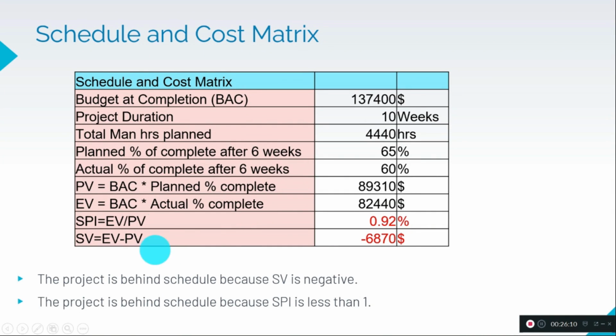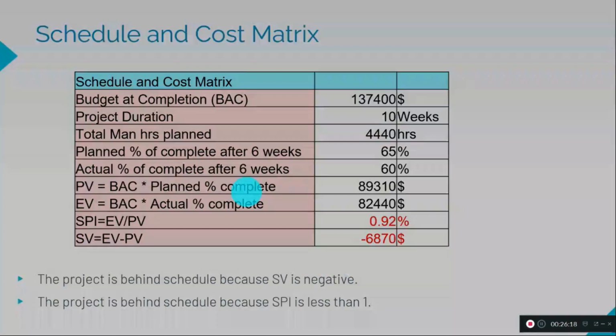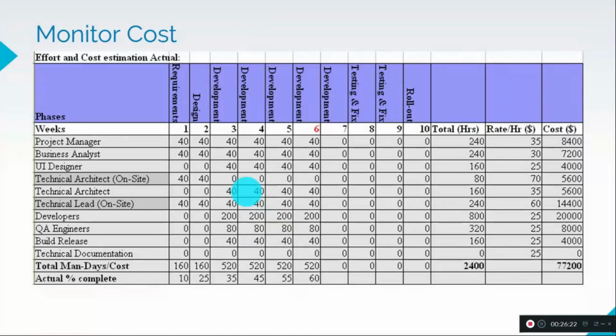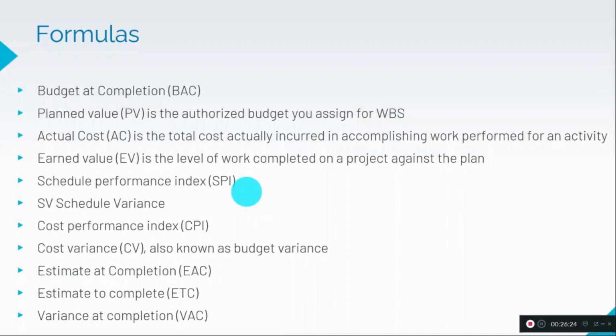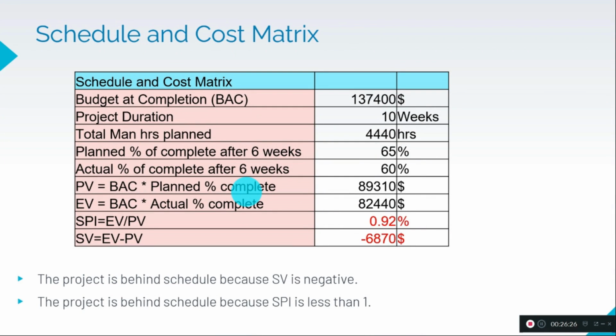So the next one, schedule and cost matrix. So this is the slide I have prepared based on the previous two slides actually. The plan versus actual. So based on this, I have arrived at this sheet.